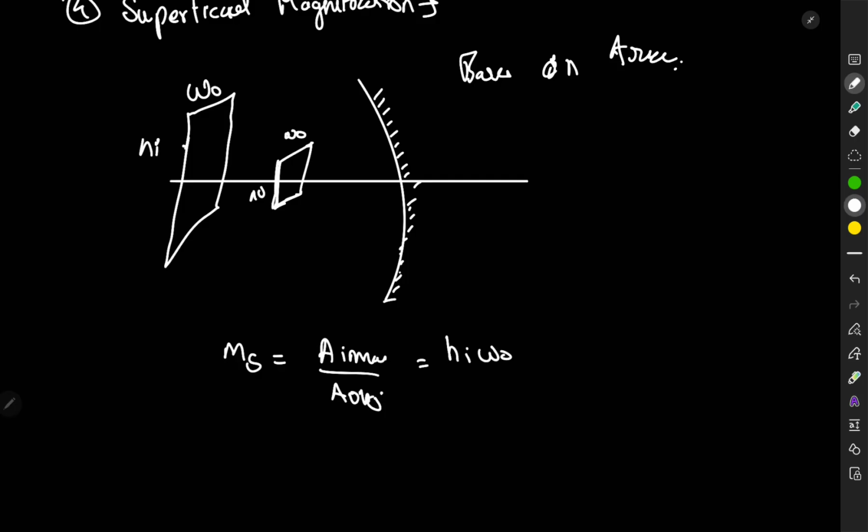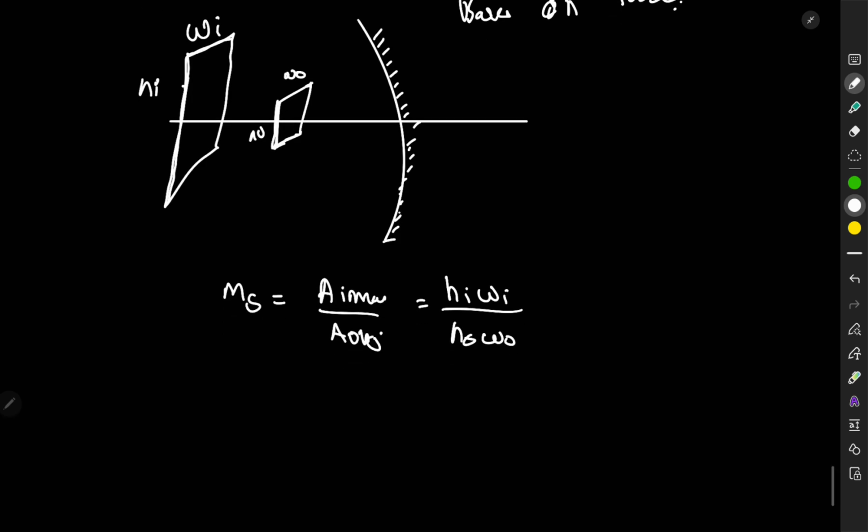What is the area of image? Length into breadth, right? Similarly, h naught w naught for the object. And m is equal to hi by h naught.